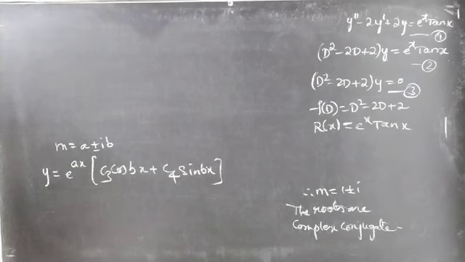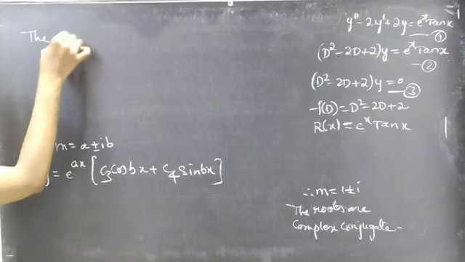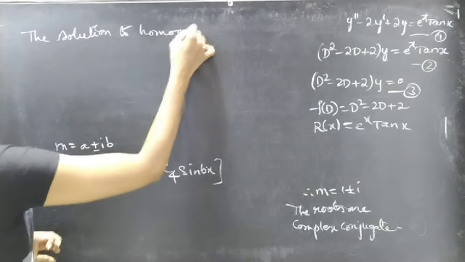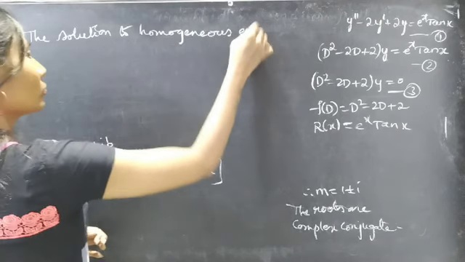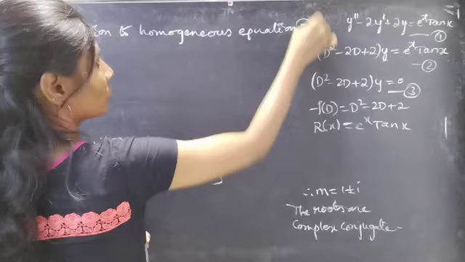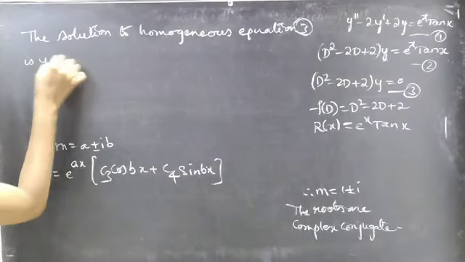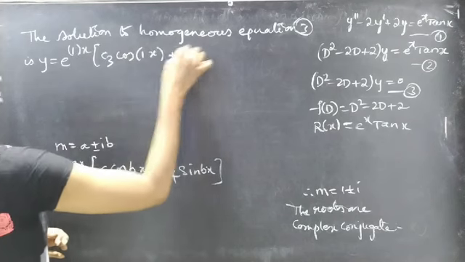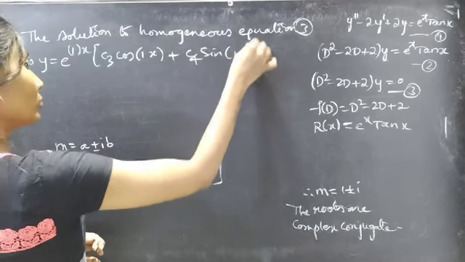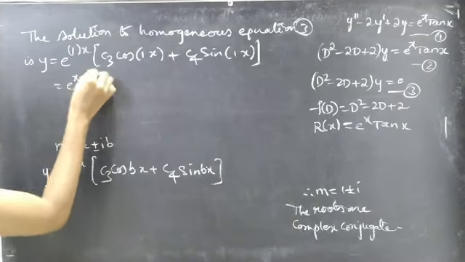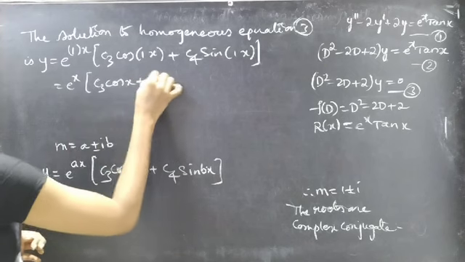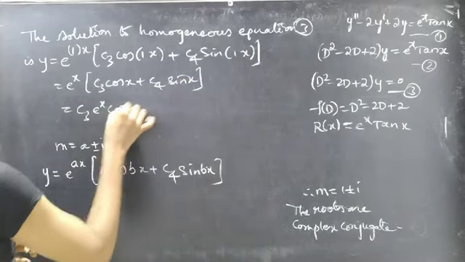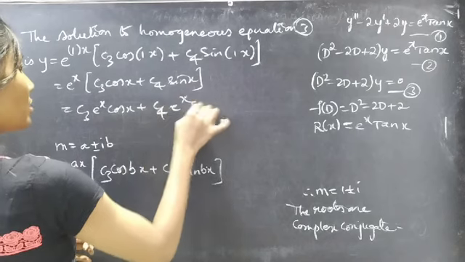Now coming to the solution to our homogeneous equation. The solution to the homogeneous equation is y equal to e power 1 into x of (C3 cos bx plus C4 sin bx), which gives us e power x of (C3 cos x plus C4 sin x), or C3 e power x cos x plus C4 e power x sin x.